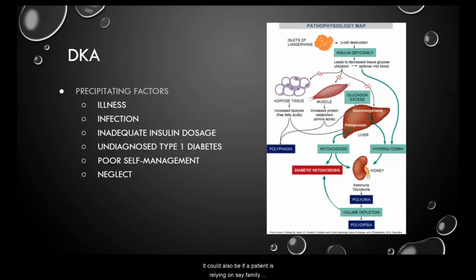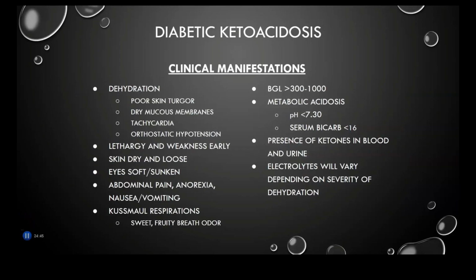It could also be if a patient is relying on, say, family members, or they're in a care home or some sort of facility that they rely on others for their insulin and whatnot. They end up in DKA as a result of neglect.